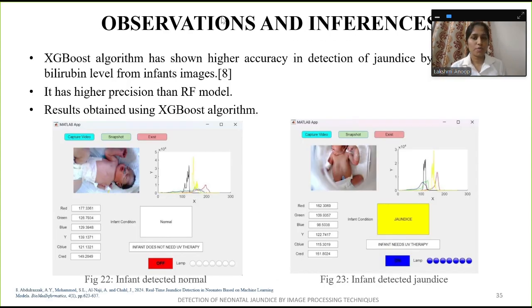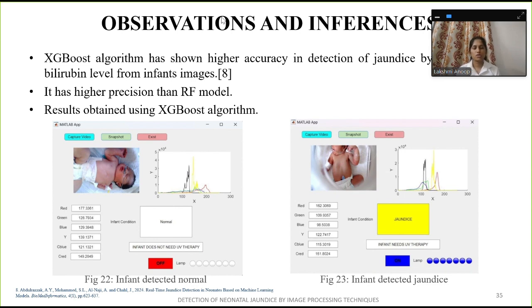The next is the observation and inferences. The XGBoost algorithm has shown higher accuracy in detecting jaundice by estimating the level of bilirubin from the infant's images, and it has shown higher precision than the RF model. These are the results obtained by utilizing the XGBoost algorithm.